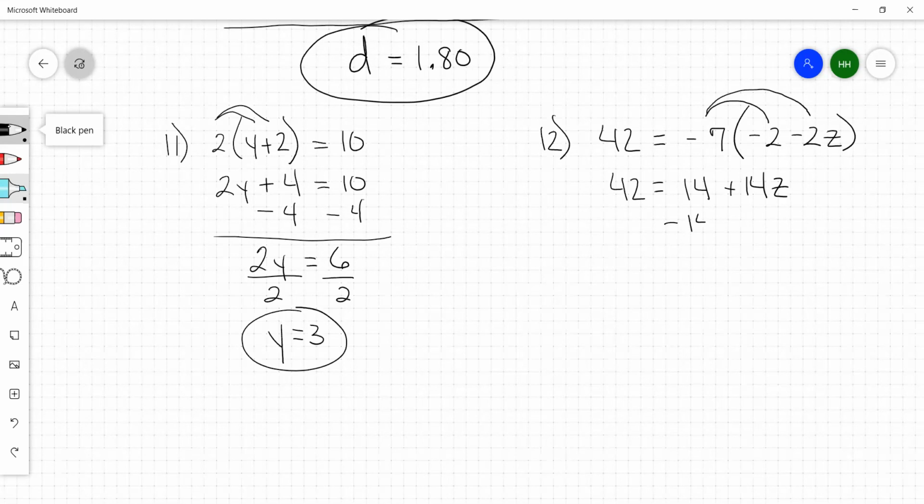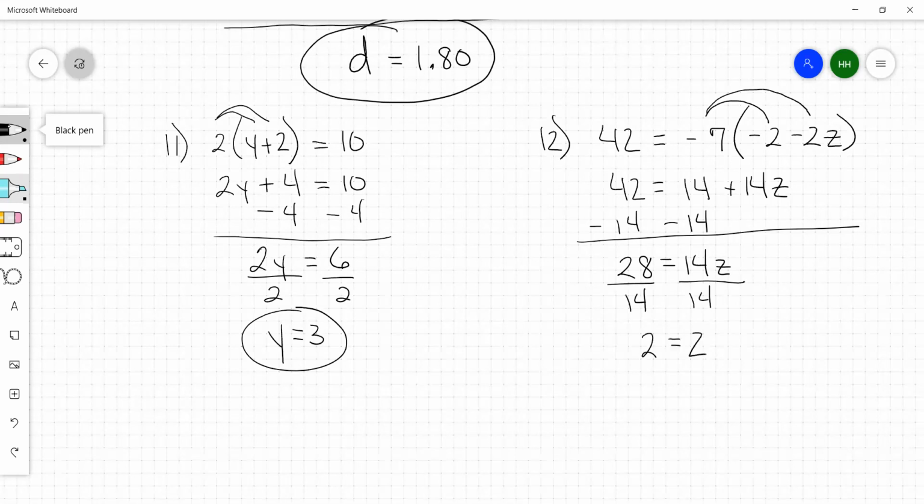So if you subtract 14 from each side, 42 minus 14, that's 28, equals 14z. You can divide both sides by 14. And 2 equals z.